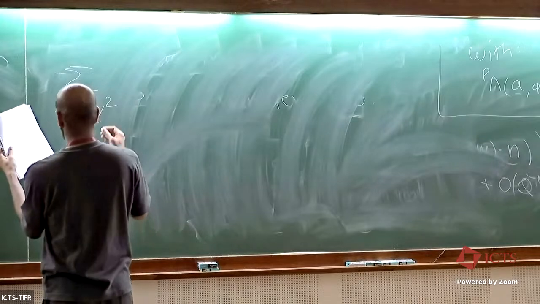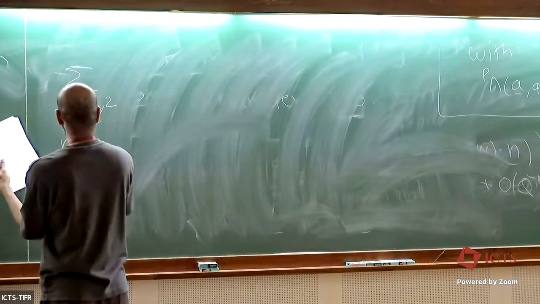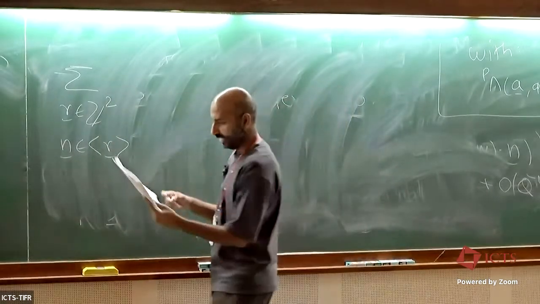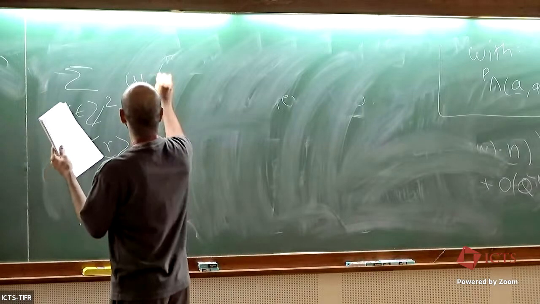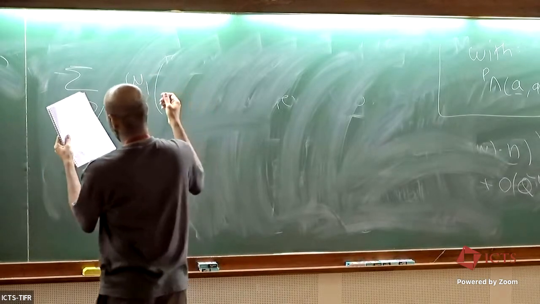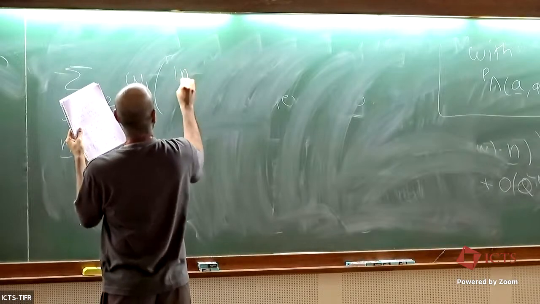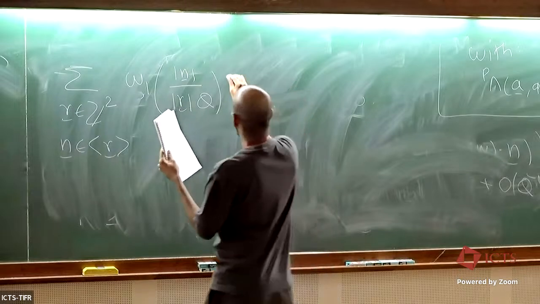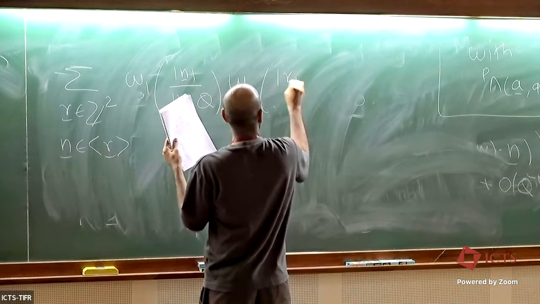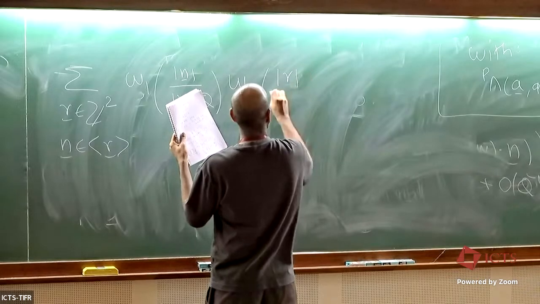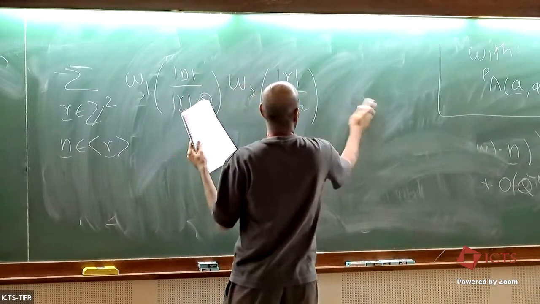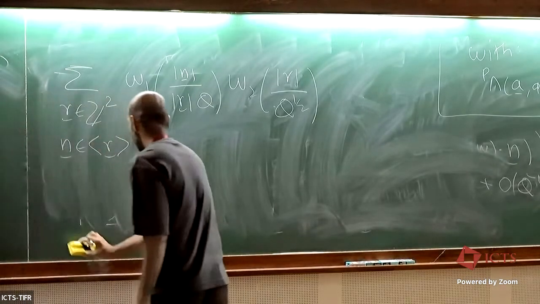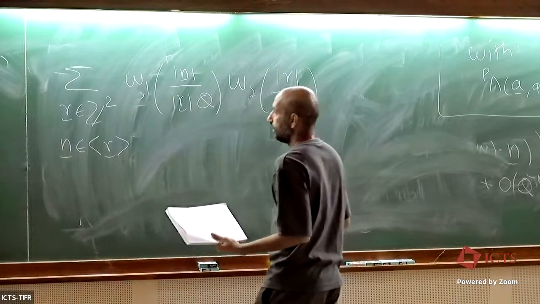So the sum is over R in Z^2, and the relation is that this vector n should belong to this lattice R. And then I will put the weight omega 1 on n over RQ, and then omega 2 will be detecting the size of R, which will be roughly of size q to the half. Again, these are natural choices.